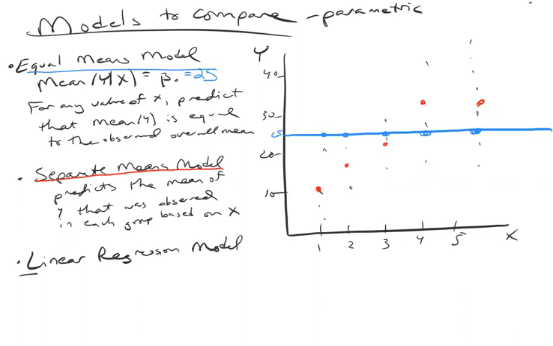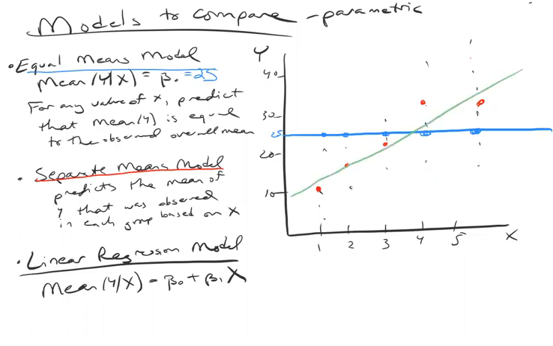A linear regression model says, well, let's see if it makes sense to write down this equation that the mean of y given x is some intercept plus some slope times x, okay? So if I try to do that here, I'm going to try to draw a line that is as close as possible to the means, okay?